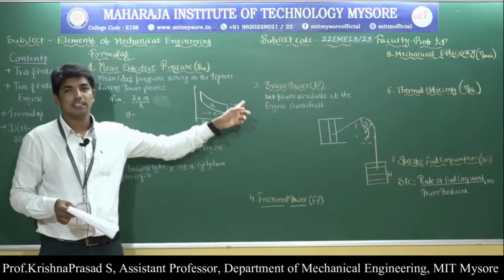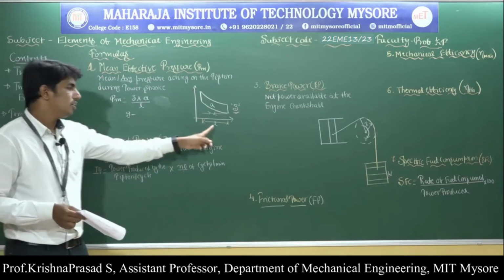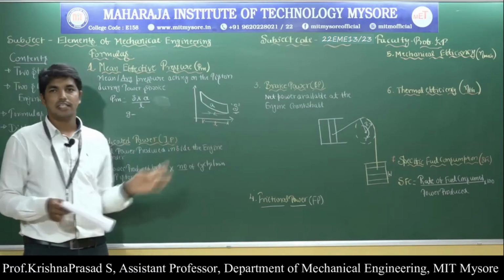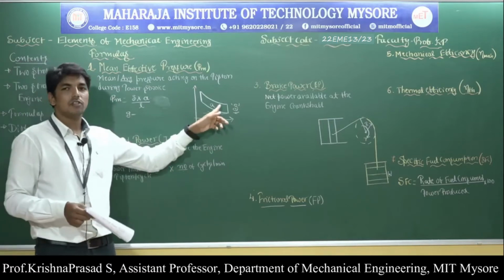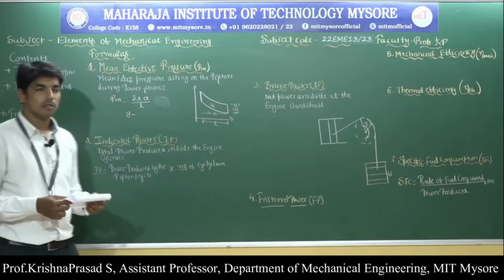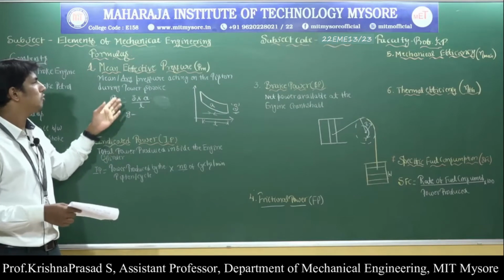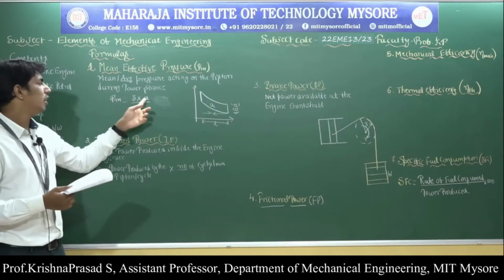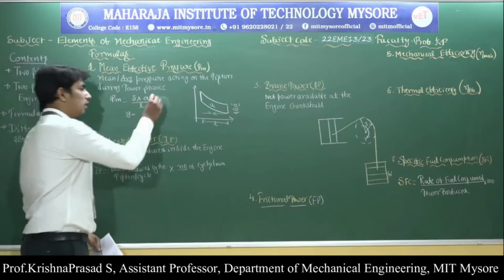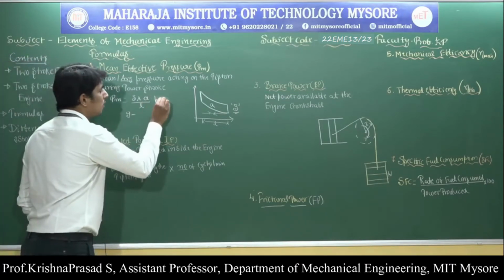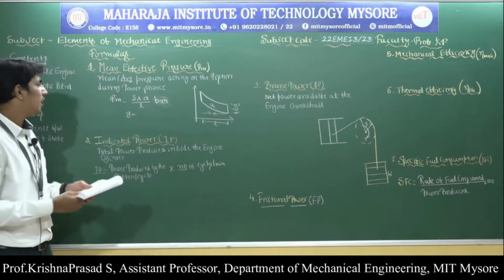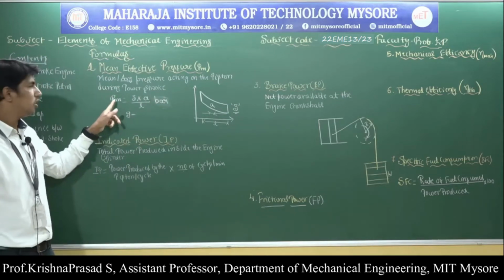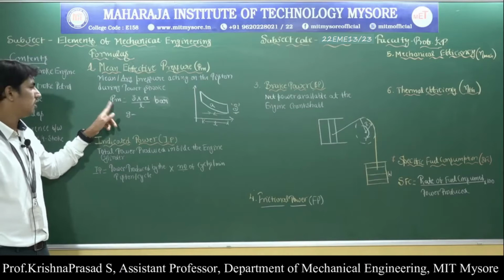The spring value is called S, small l is the length of the indicator diagram, and small a is the area of the indicator diagram. The formula we use for the calculation of the mean effective pressure is S into A by L, the unit for the mean effective pressure is bar, and it is denoted by capital P suffix M.